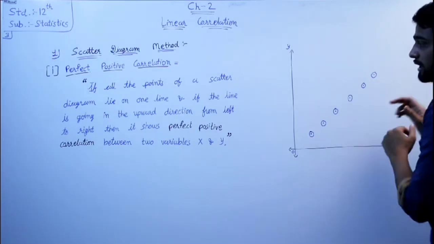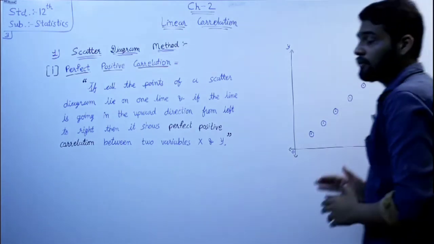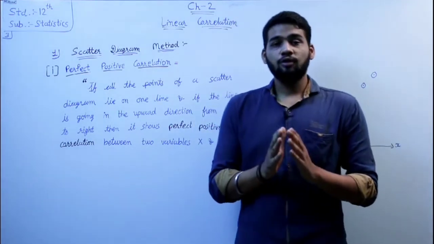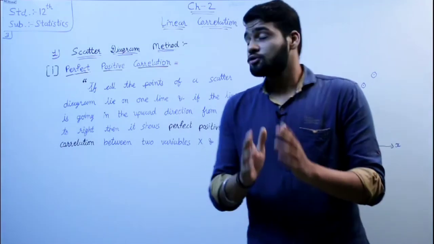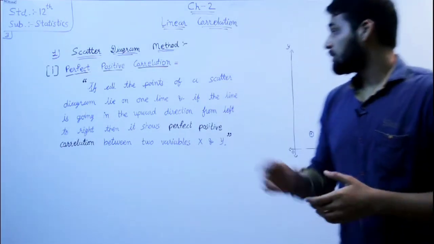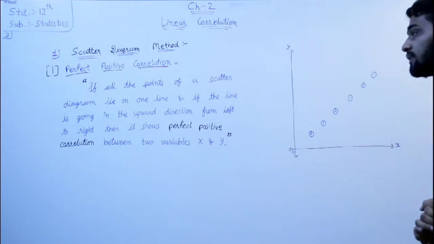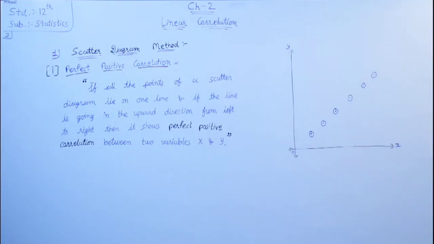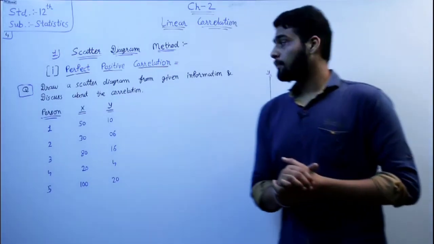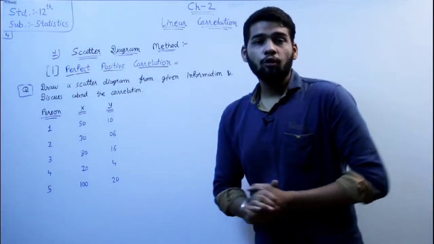So this shows our perfect positive correlation. Understood students? Please note down the first type and its definition, and draw this graph in your notebook.